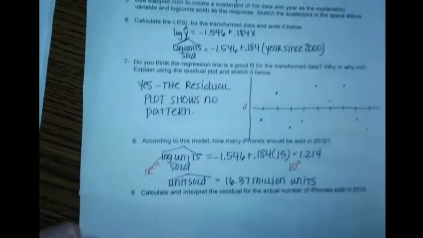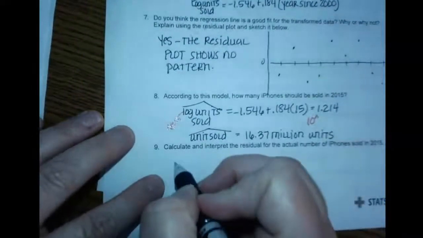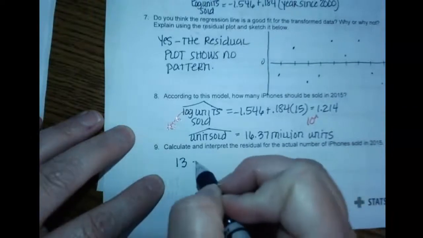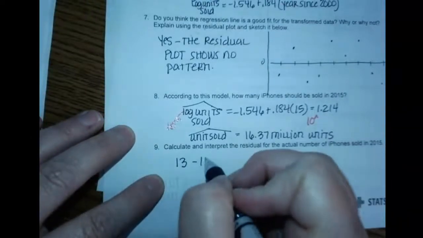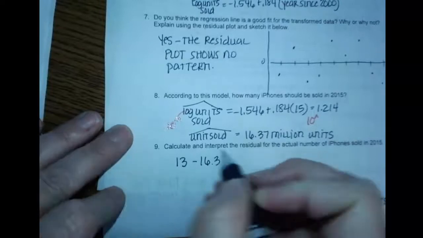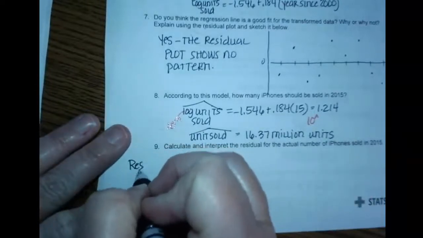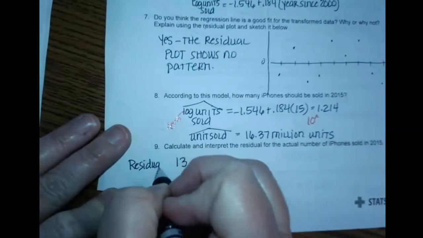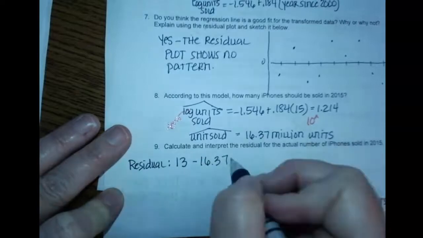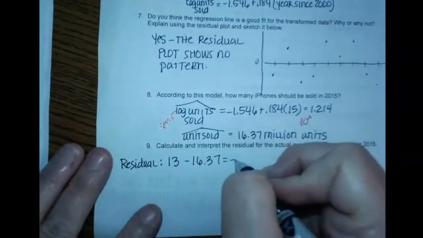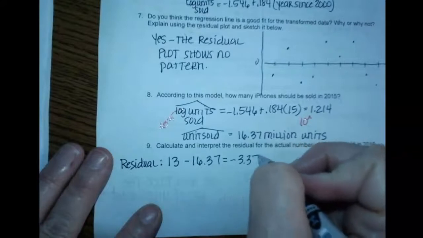So that's our actual. So you take your actual minus your predicted. Remember, this is to get your residual. And we get negative 3.37.